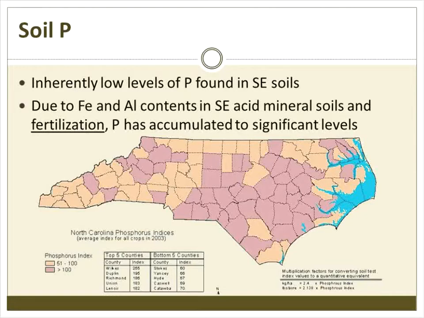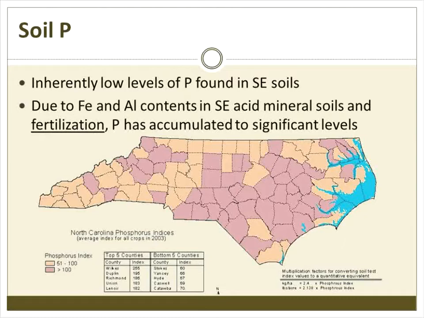And we've continued to fertilize our soils in North Carolina due to tobacco production and due to animal waste management type of applications. And what we're starting to see is that these iron and aluminum concentrations are able to hold on to all this phosphorus, and we're starting to see our phosphorus levels in our soil come up quite a bit.